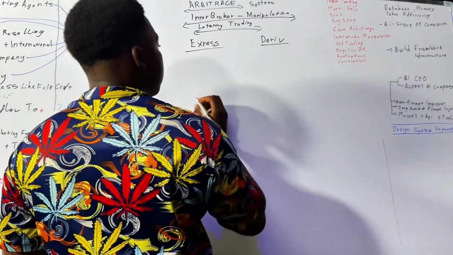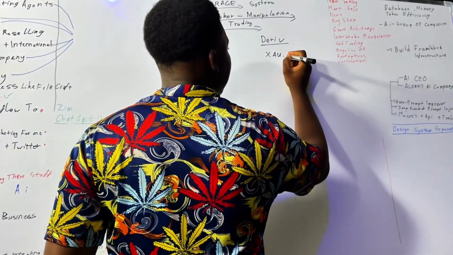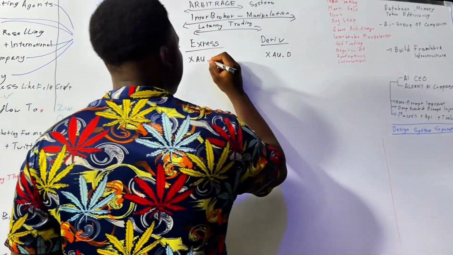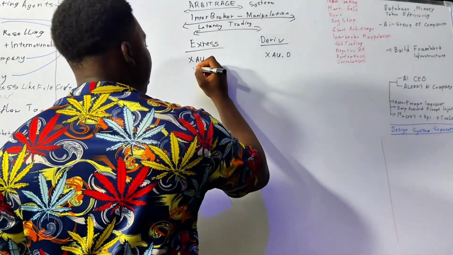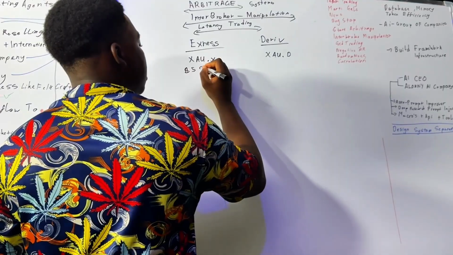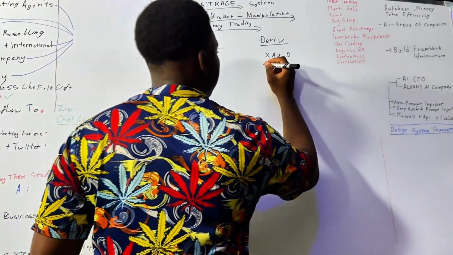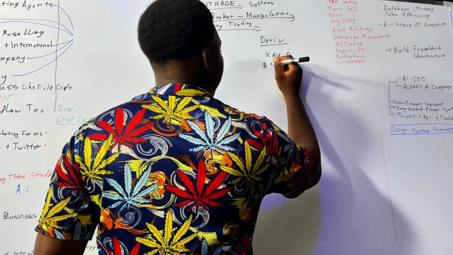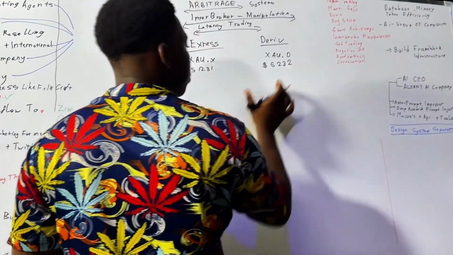Okay, so we've got gold. Let's just put a D here for Deriv, then we put an X there for Xness. So basically, gold could be at 5,231. Then there, gold is going to be at 5,232.